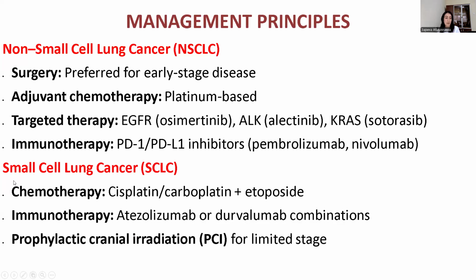For small cell lung cancer, we have another management because it is the most aggressive type of lung cancer, with fast growth and early metastasis. In this cancer, patients come to us with metastasis, and in these patients we usually start therapy with chemotherapy, immunotherapy, and prophylactic cranial radiation.